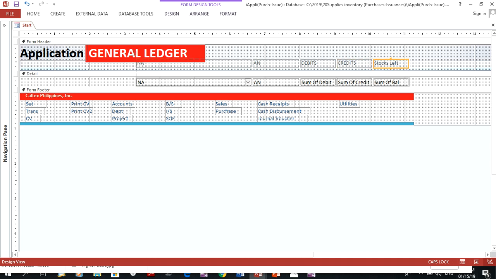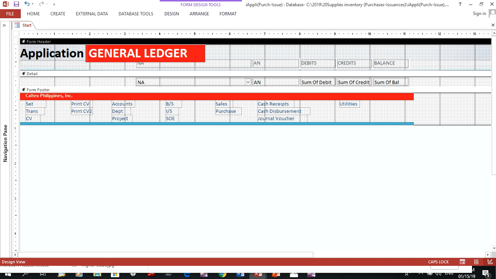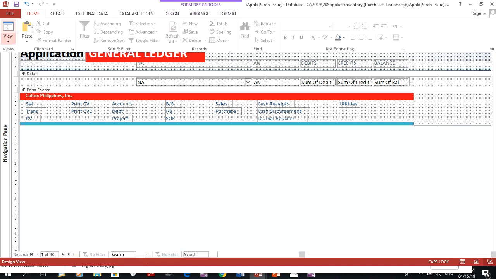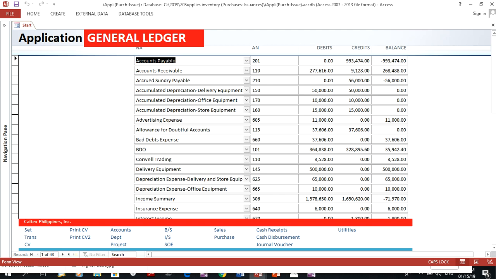And this is not stock left but balance, or what you should call trial balance, in which case you are watching on YouTube, Microsoft Access, creating a general ledger and a default trial balance on your screen.